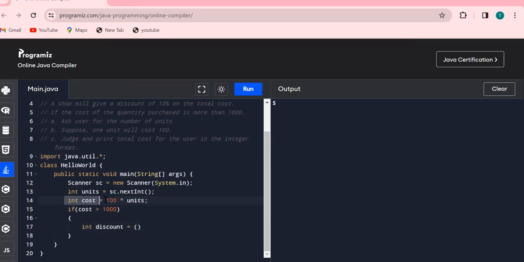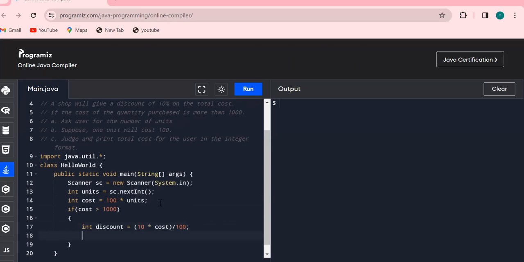So this is our total cost, and we have to take 10% on the total cost. So we have to write 10 into cost. In the cost variable, we have stored the total cost, and we have to divide it by 100. So this will calculate the 10%. So 10 into cost by 100.